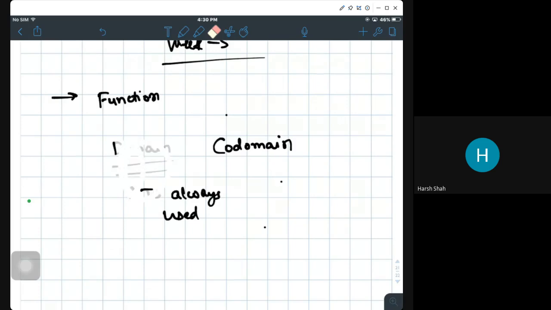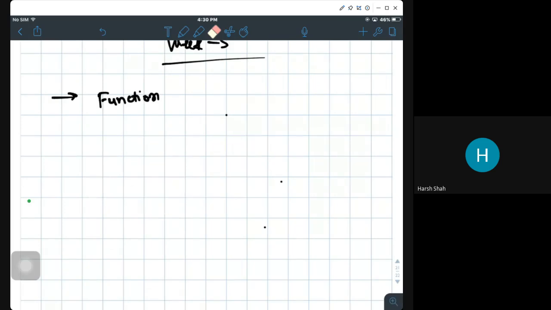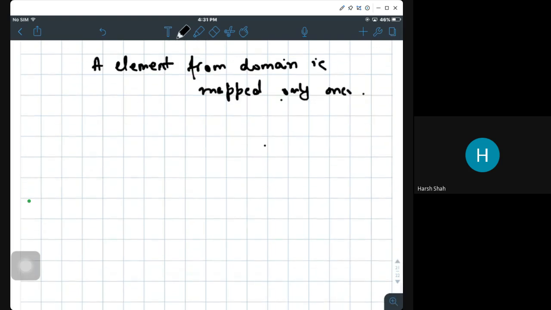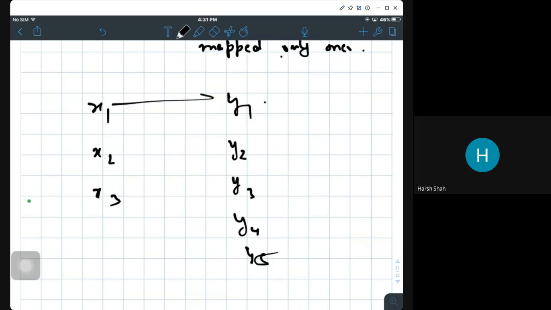Or let me write it more clearly. In other ways, I can write it as: an element from the domain is mapped only once. That means if you have something like x1, x2, x3 in the domain, and y1, y2, y3, y4, y5 in the codomain, this is a function.